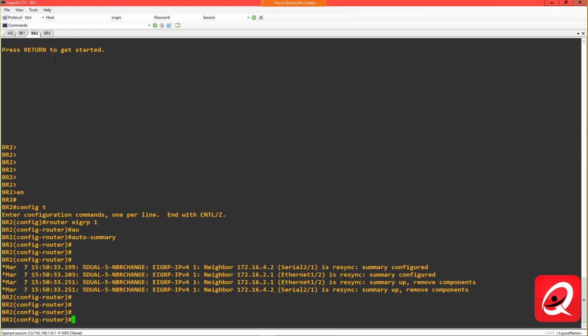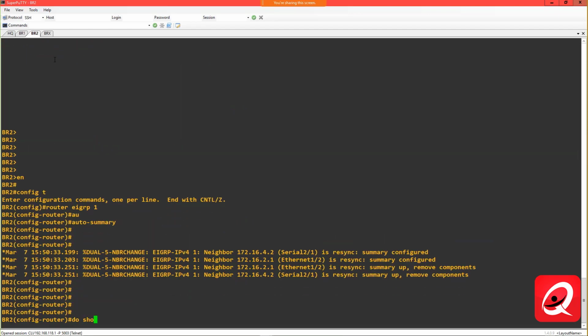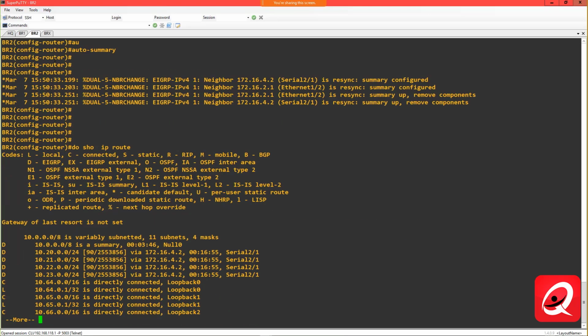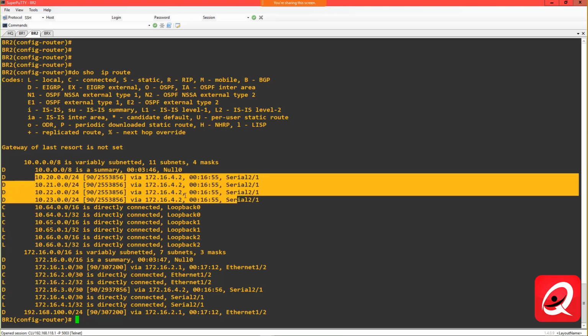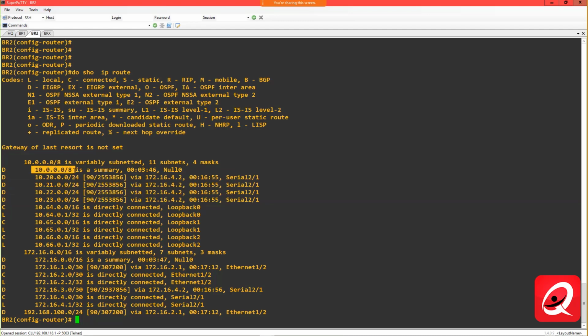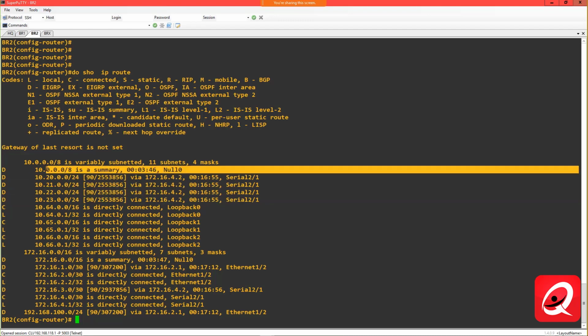So if I go into BR2 and I do a show ip route, all I'm going to have from a 10 perspective is the ones that are connected, right? And the ones that are on BRX. But you'll notice that I'm not really getting any of the 10.10 routes because that router is advertising a /8 prefix, and I've already inserted a Null0 route to that /8 prefix locally. So that means that the 10.10.0.0 subnet is essentially being routed to the Null0 interface.